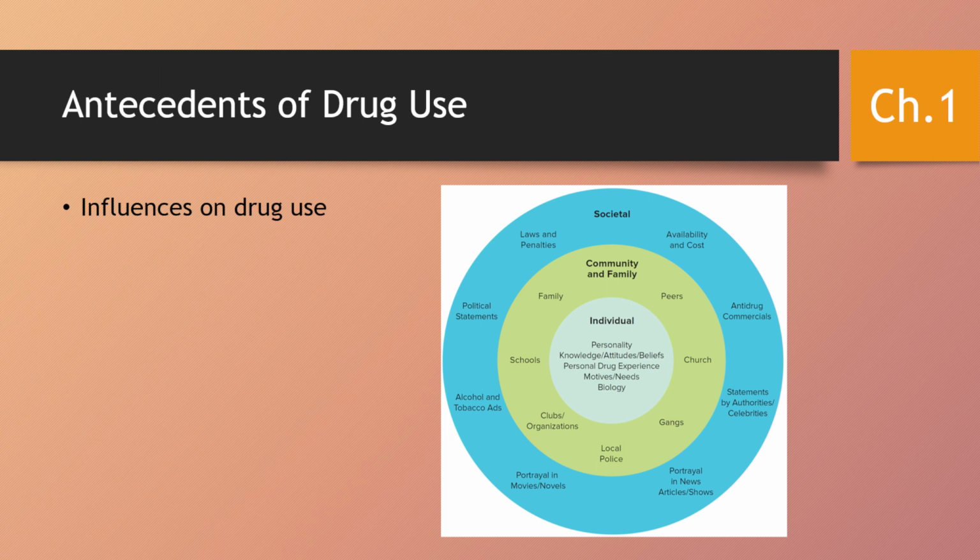And then also we have the larger picture of the societal view of drugs, right? So are there larger patterns of thoughts when it comes to certain substances? For example, things like coffee or caffeine tend to be pretty well accepted in society, whereas heroin, on the other hand, probably isn't very accepted in society. So all of these levels come into play when someone is being influenced or not influenced to use a drug.